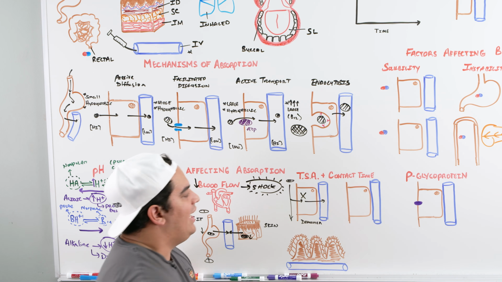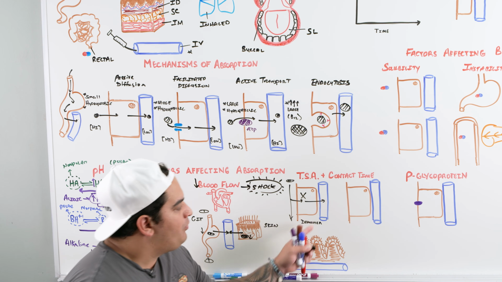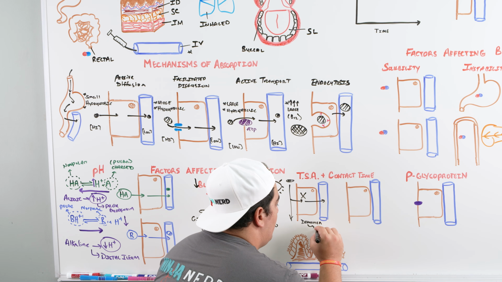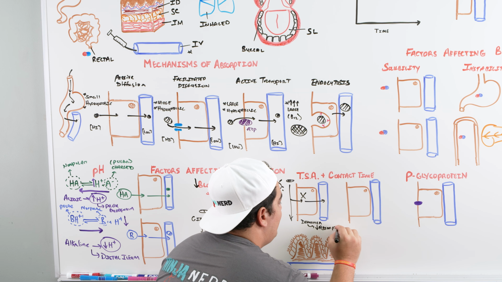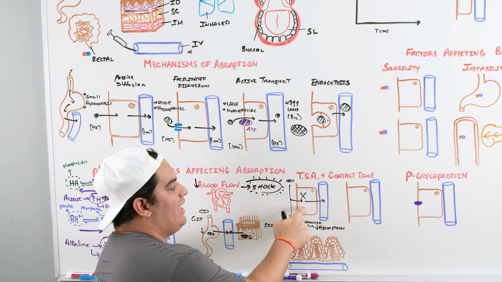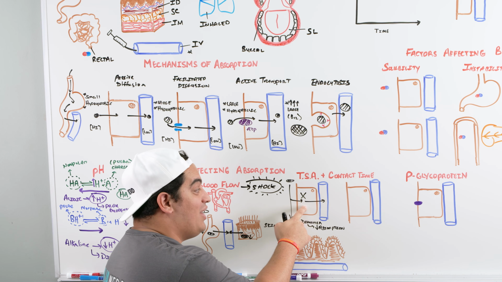All of this is going to be inhibited. So in diarrhea, what happens to the absorption of the drug? You're going to decrease the absorption of the drug because you're decreasing the amount of contact that the drug will have with the cells of the GIT.